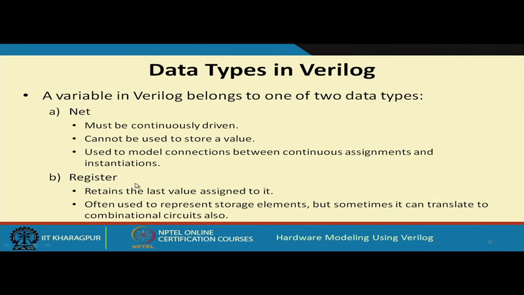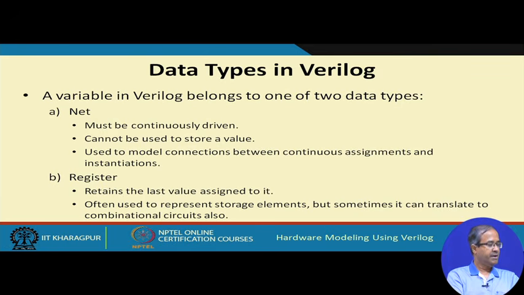Similarly, with a register type variable, you can assign a value and the register is supposed to retain or store the value, so you can use it again later. Now, as the name register implies, you may be tempted to think that a register is just like a hardware register constructed using flip flops. Do not confuse the two.